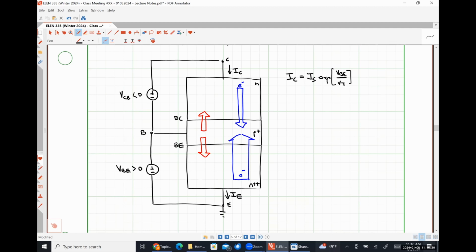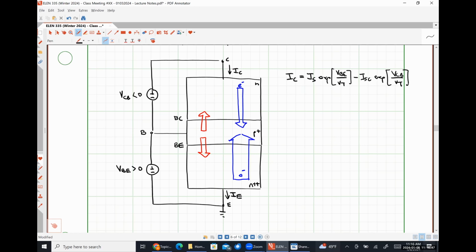But we're going to subtract from that ISC, times the exponential of VCB over VT.